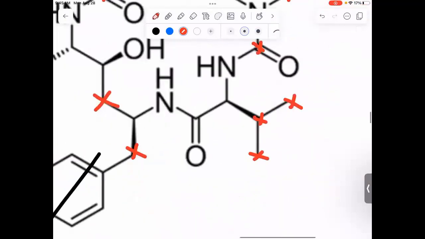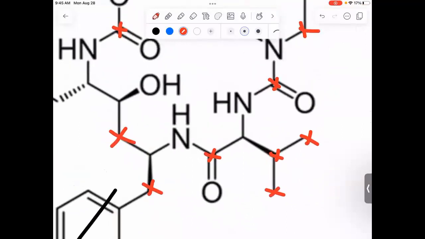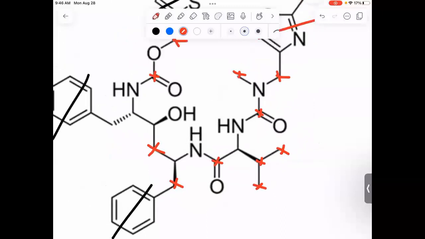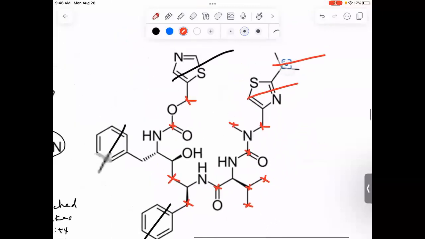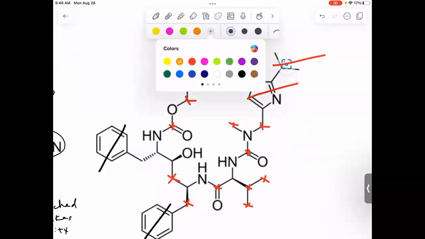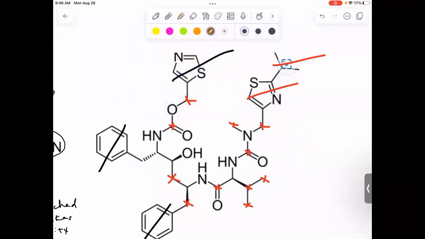Now, all the sp2 carbons, all these carbonyls, we can rule them out because they're not sp3. If it's not sp3 hybridized, it can't be chiral. It could be, but it's not initially chiral. You can make it chiral by reacting it with some nucleophile and making it sp3, but we're not going to get into that. All right. So where are my chiral centers? Let's find them. Is this one right here?